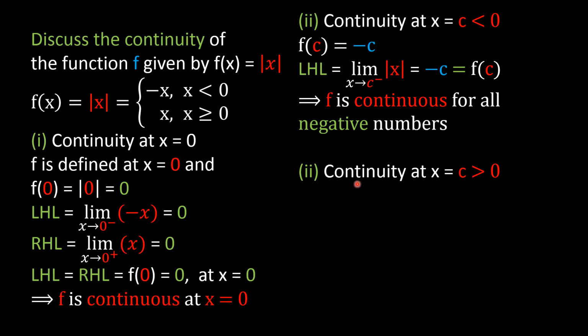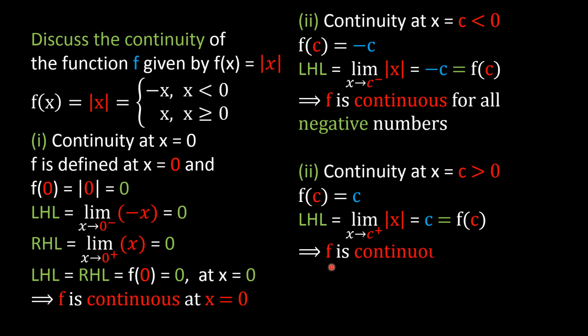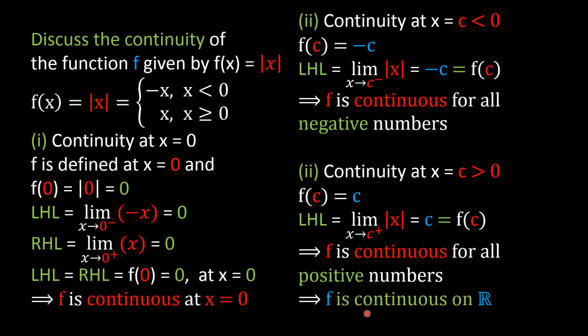Now we will discuss the continuity at x equals a real number c, which is positive. The limit is c, according to this, which is same as f(c), because f(c) is also c here, which means that f is continuous for all positive real numbers. Function f is continuous on the set of real numbers.